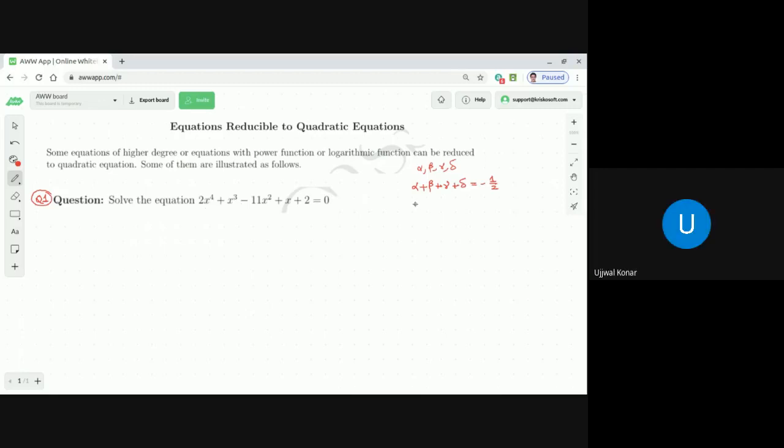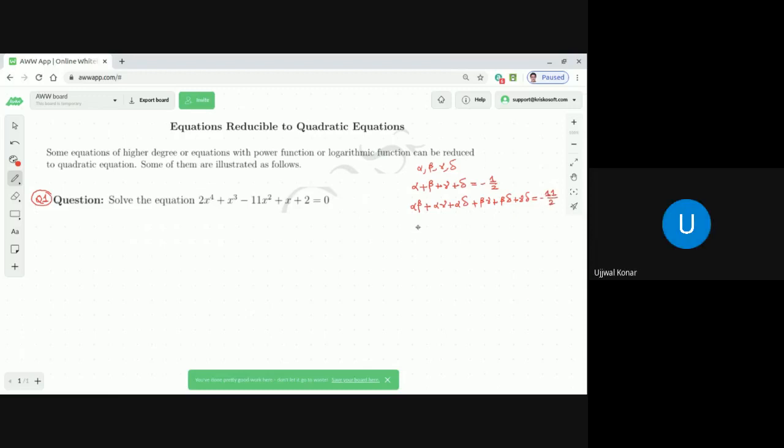Then 2 at a time: alpha beta plus alpha gamma plus alpha delta plus beta gamma plus beta delta plus gamma delta, correct or not? That is equal to minus 11 by 2.